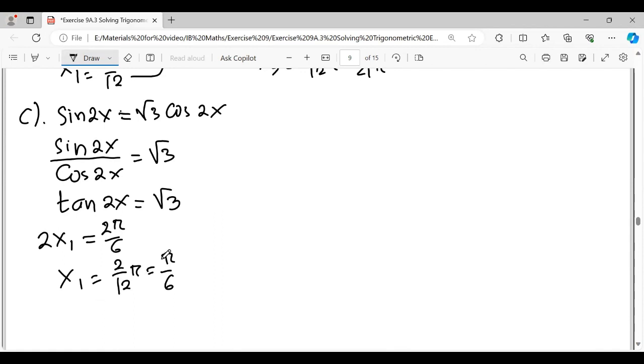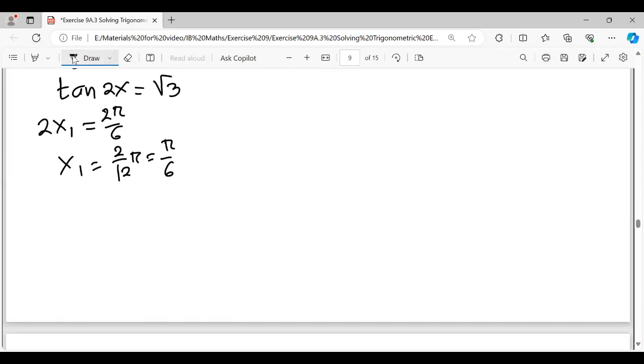Then 2x2 equals 8. x2 equals 8 pi over 12, divided by 4, 2 pi third.